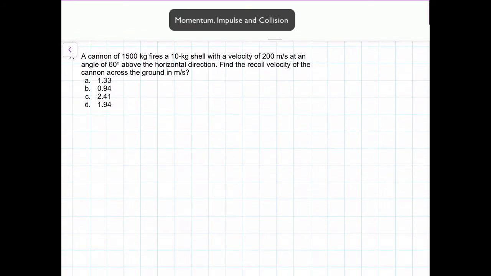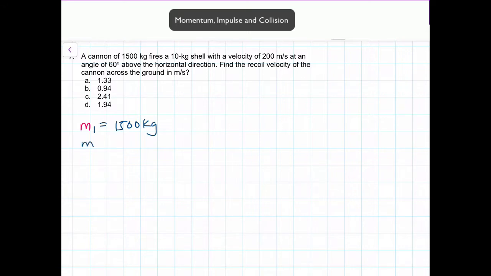Good. Then let's go ahead and see the next problem. The next problem states a cannon. You can call that cannon mass 1, equals 1500 kilograms.